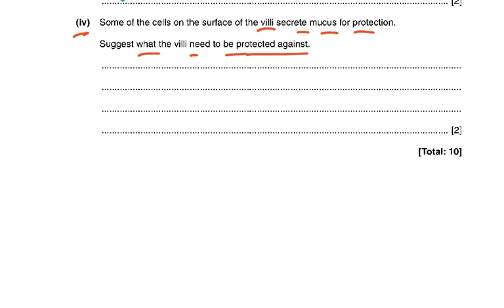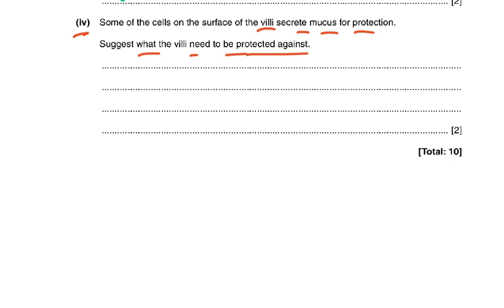And then there could be physical damage from the food that you have eaten, something harsh in the food, some seeds which may damage the lining. And of course we have parasites or pathogens, like bacteria. Cholera is caused by a bacteria invading the small intestine.